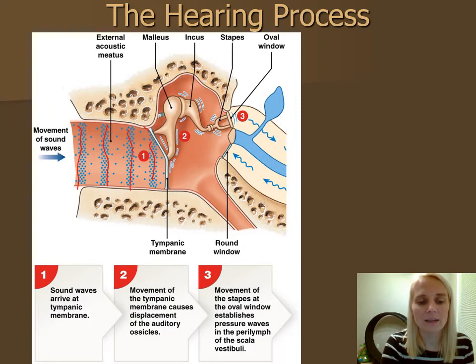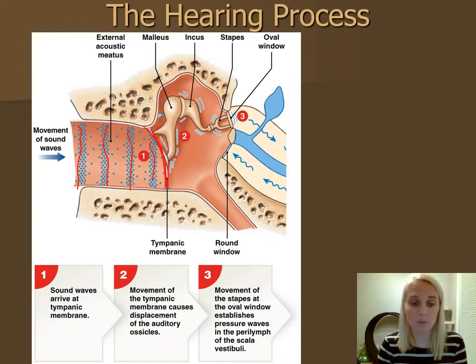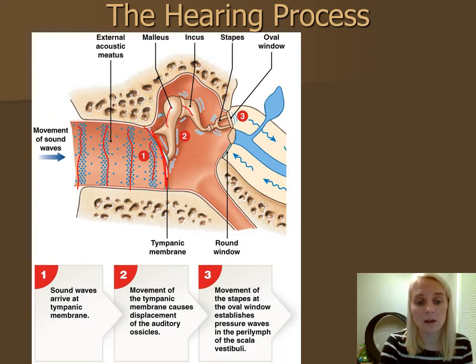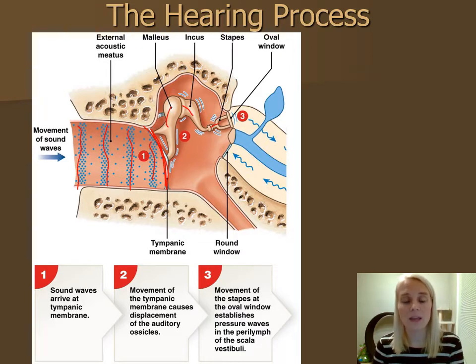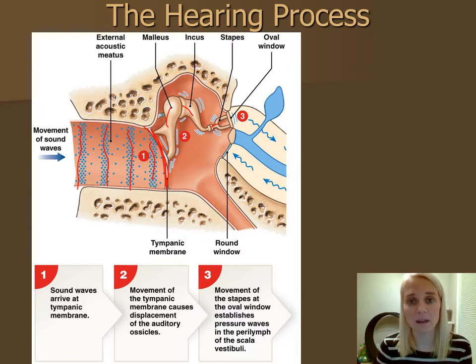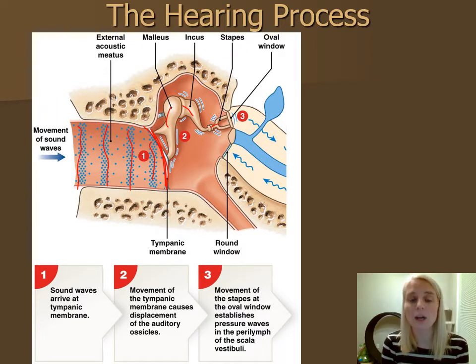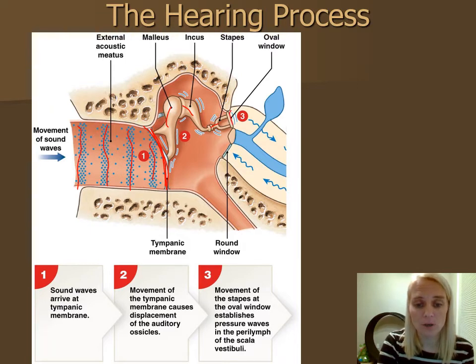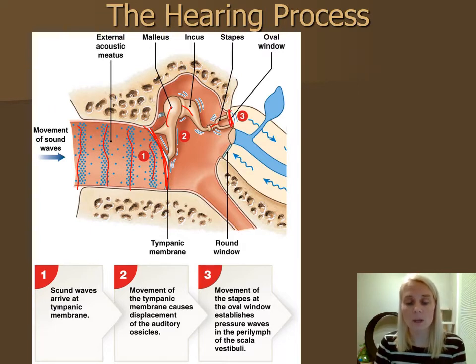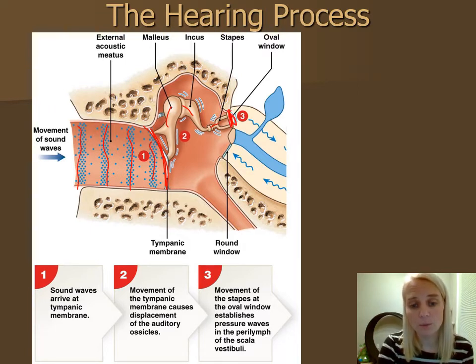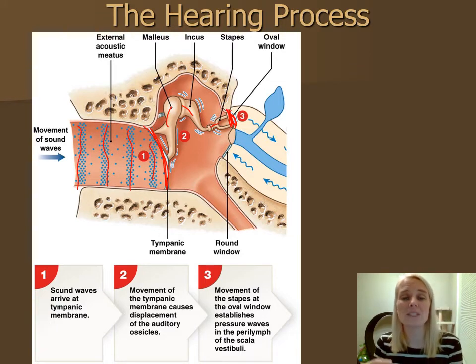So then that vibrating tympanic membrane will then vibrate our 3 ossicles. Their job is to amplify this pressure wave. So now we've gone from a pressure wave in the air to a mechanical movement back to a pressure wave at the oval window. The oval window, this flexible membrane, is connecting to the vestibular duct, right?